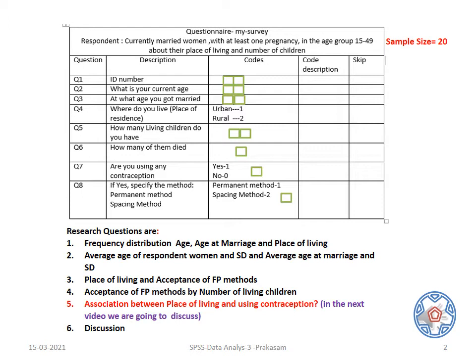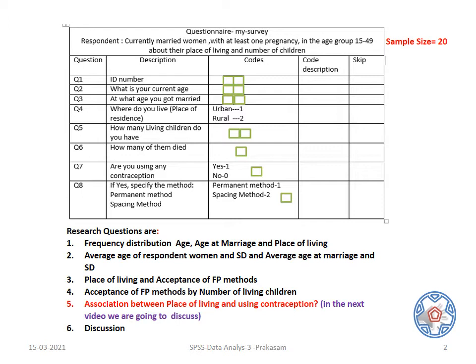When you look at the questionnaire carefully, there are a few questions which have been given as they are. Whatever answer the respondent gives will be recorded as it is, and some of the questions have been pre-coded. The researcher is interested in finding the frequency distribution of age at marriage and place of living.